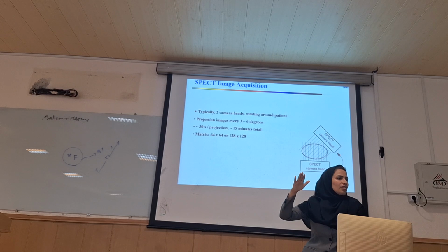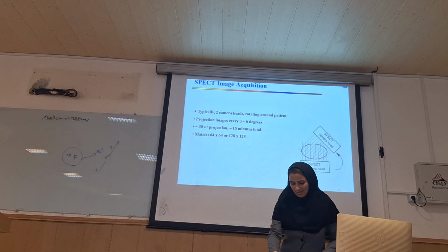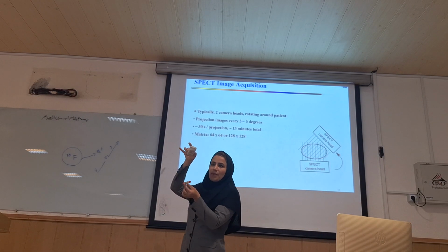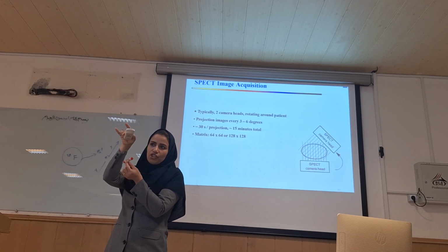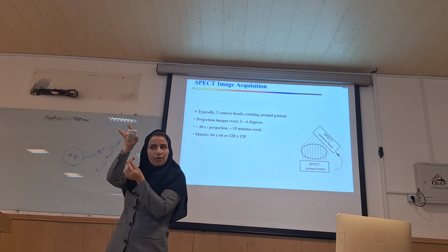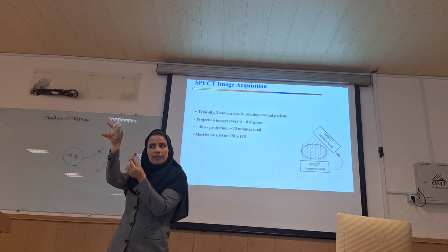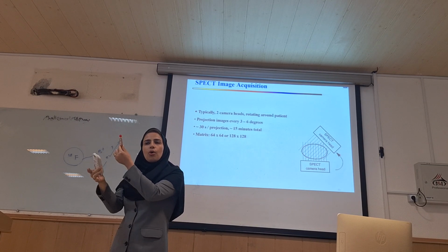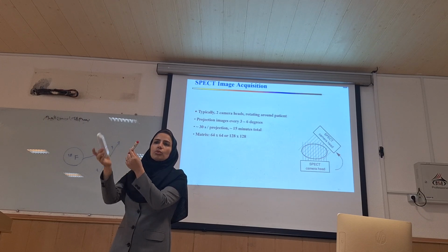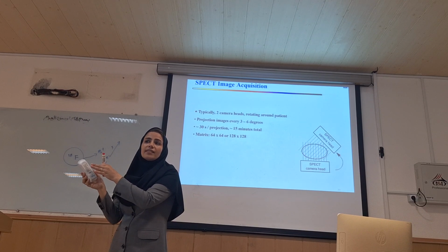This is my patient and this is the position of the detector head. In this position we take the image, and the name of this is a projection. In another position we have another projection. All of the projections together give us the 3D image.